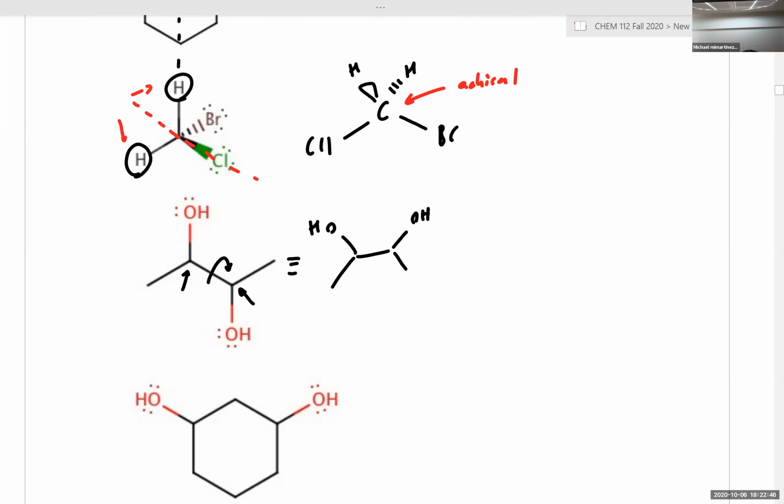Now, depending on the stereochemistry, we either have a clear axis of symmetry, or our molecule lacks an axis of symmetry, where our mirror images are non-superimposable. So let's look at 3 cases, and let's try to determine whether or not an axis of symmetry is present.